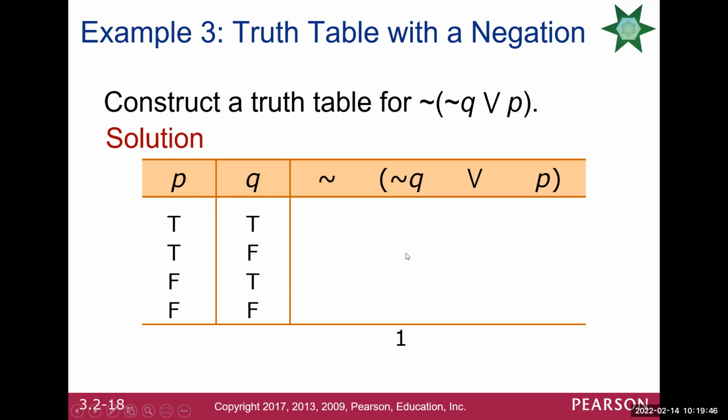In this column that I've labeled number 1, I'm going to negate all of those truth values. If you negate true, it becomes false. The next truth value for my Q statement is false. If you negate false, you get true. Sorry for that mistake.